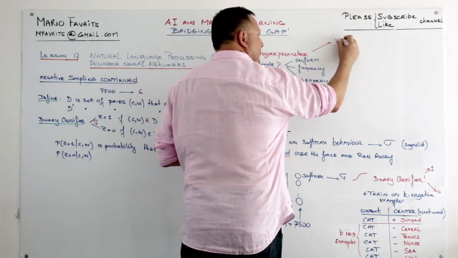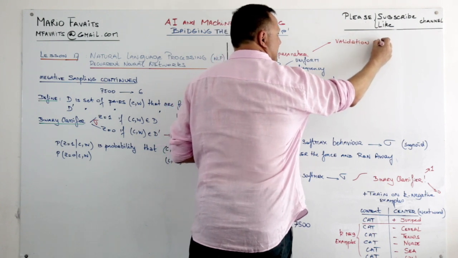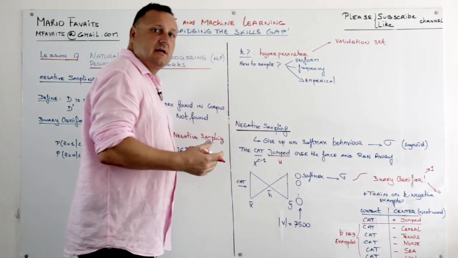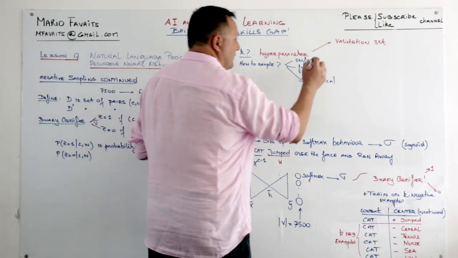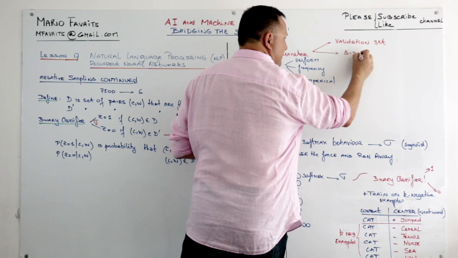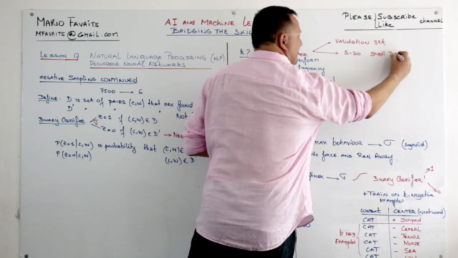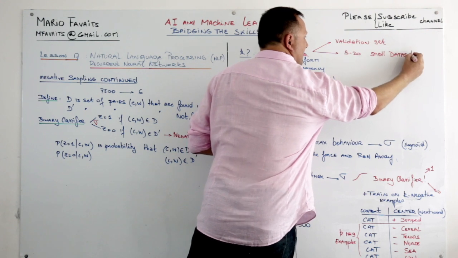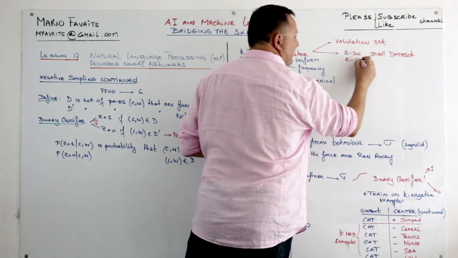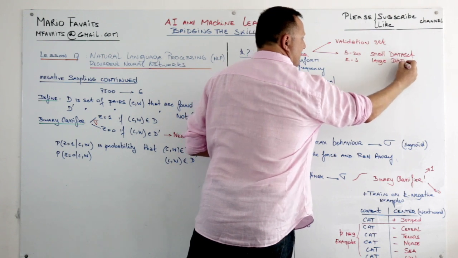You can look for a validation set and try to see which k gives you the best results. Or another option is that you choose k between 5 to 20 for a small data set, and from 2 to 5 for a large data set.